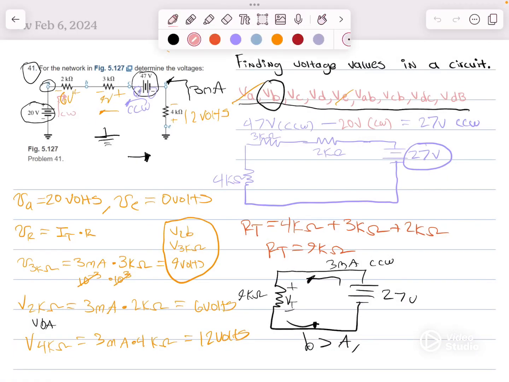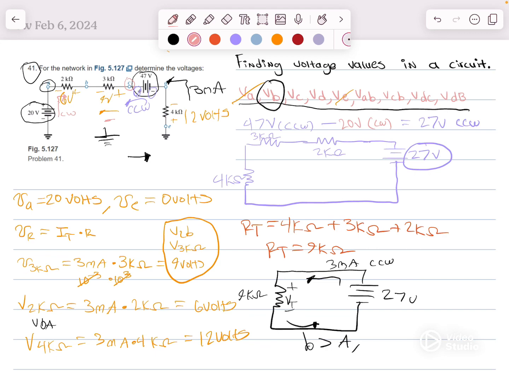I have now found a lot of values for my circuit that I need. I have the voltage drops across the resistors when I know that the current is going in this counterclockwise direction. So I know if I'm looking from this position of higher to lower, C is higher than B, and I'm dropping 9 volts.